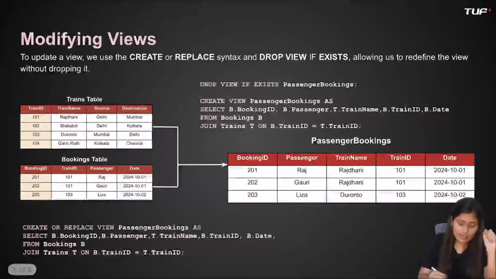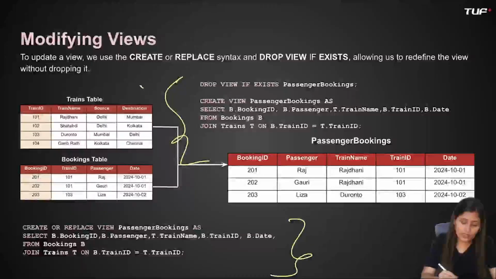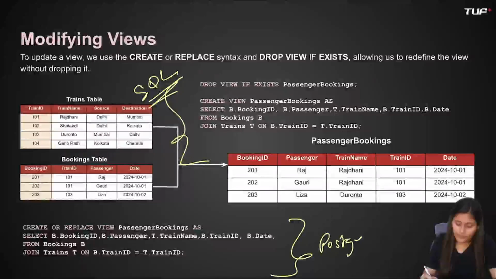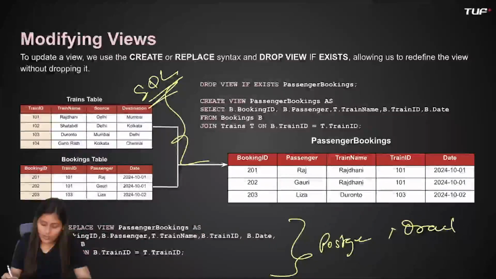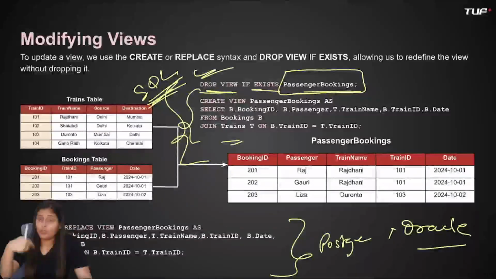So basically, let's suppose these are the two queries. This query will run in your SQL, okay, and this query will run in your Postgres or Oracle. In SQL, it says drop view if exists passenger booking. So it is saying if passenger booking is already there, then drop that view and then create a new view again. So this is how we are modifying.